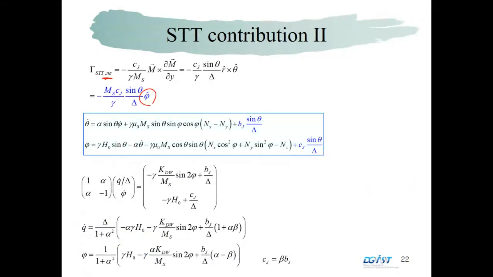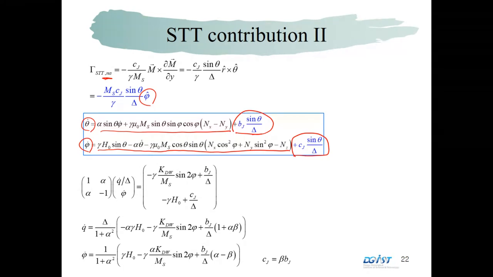Based on these two torques, we can rewrite the equation of motion of theta dot and phi dot with these two additional terms to the domain wall torque with the field. This one was done in a previous lecture. This coupled differential equation can be solved by introducing a simple matrix.